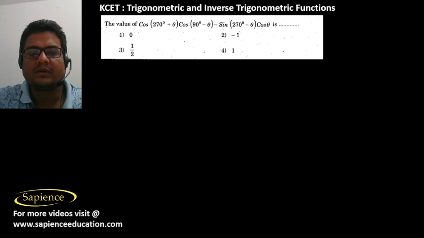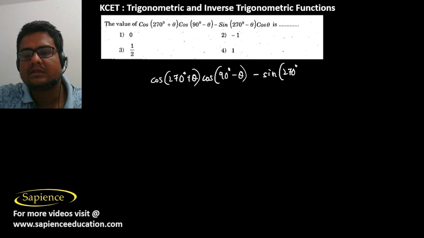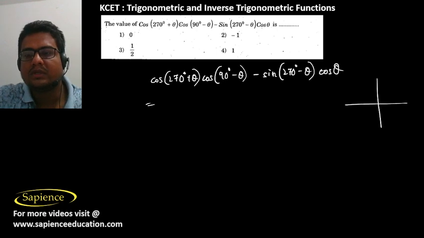Then here we have to find the value of cos of 270 degree plus theta into cos of 90 degree minus theta, minus sine 270 degree minus theta into cos theta. Okay, so we know that the rule is: all, sine, tan, cos. If the angle is in the first quadrant, then all trigonometric ratios have positive values.